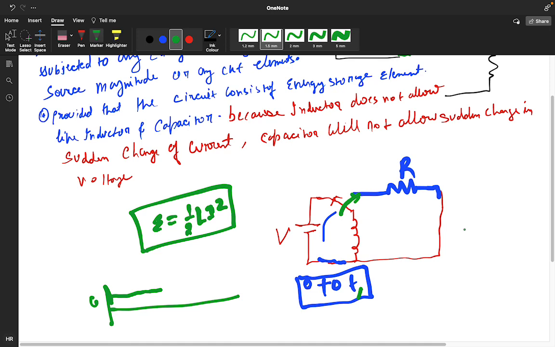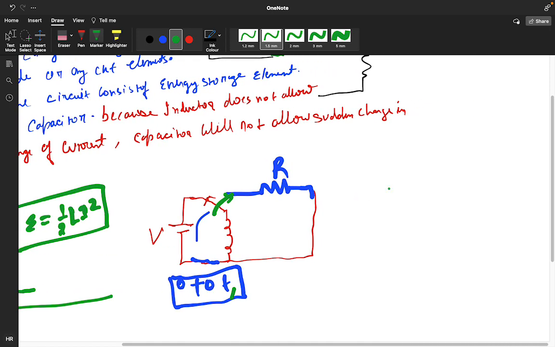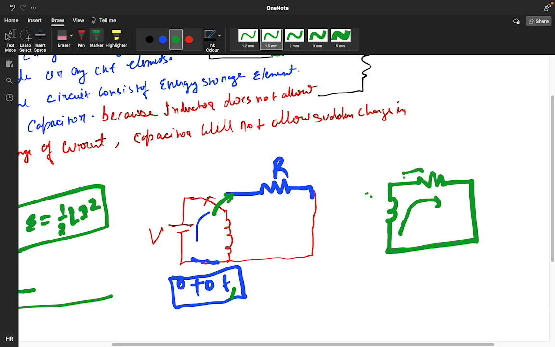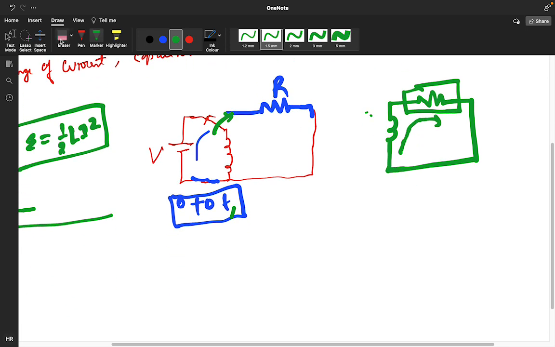So our circuit will become like this, and whatever energy was stored in the inductor will get dissipated in this resistor. Suppose I take this resistor as a bulb.